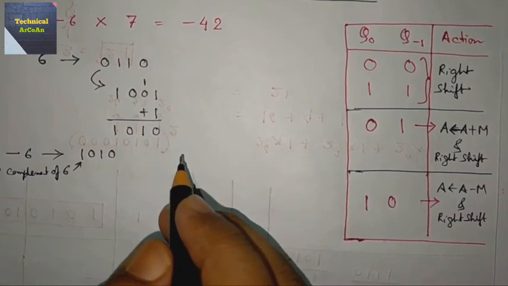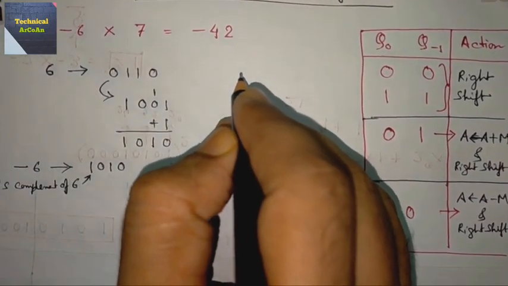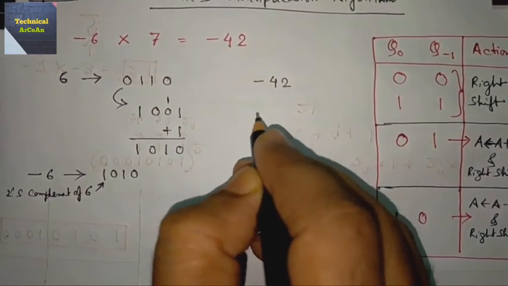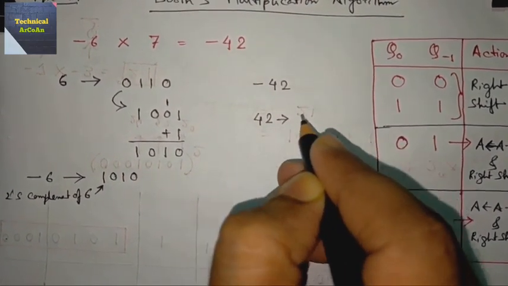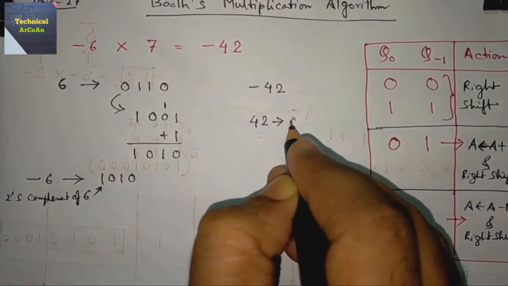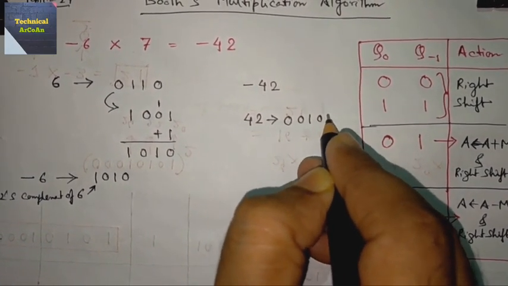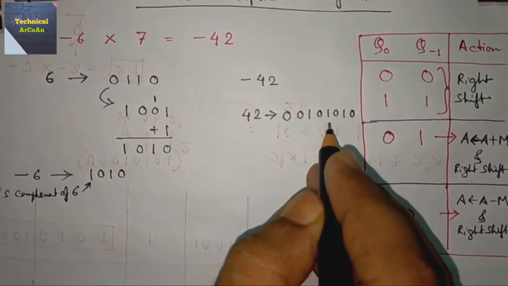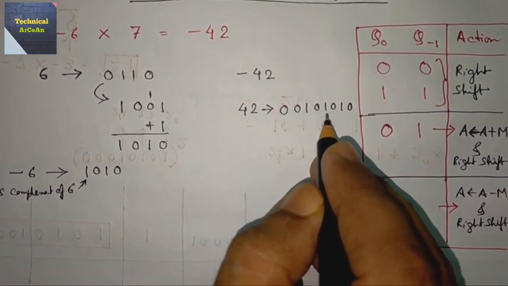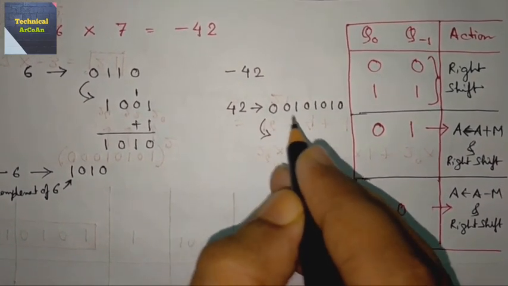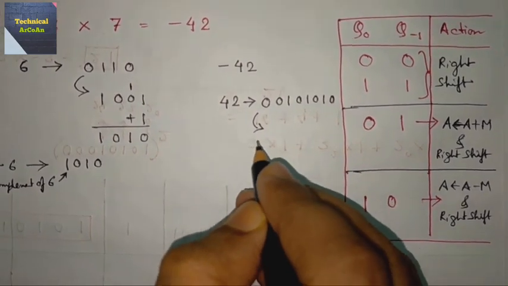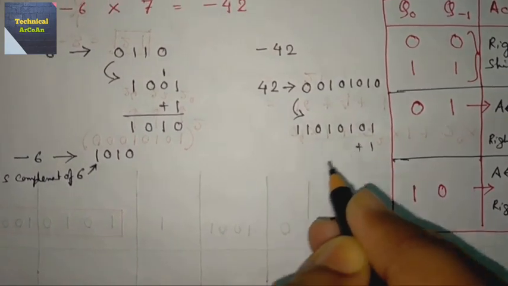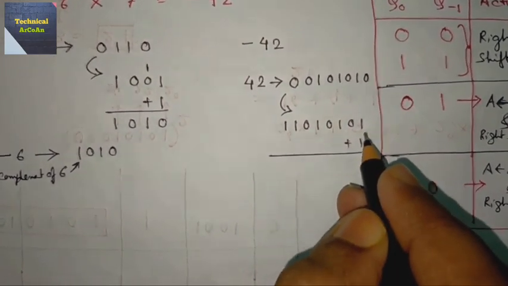Okay, and in the same way for the result, 42 is there. So plus 42 in binary should be represented in that way, 0 0 1 0 1 0 1 0. Okay, if we flip that, meaning we again do the 1's complement, we get 1 1 0 1 0 1 0 1, and we add 1 to that result.